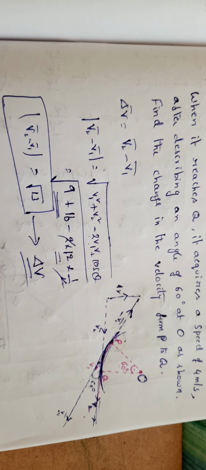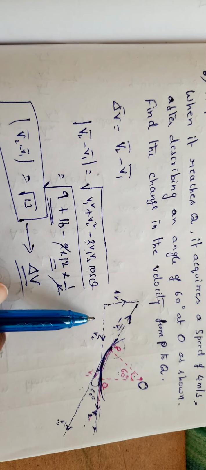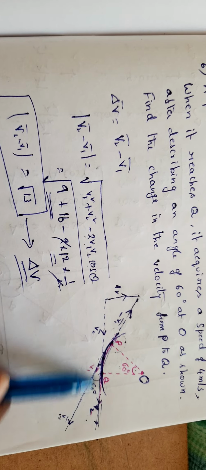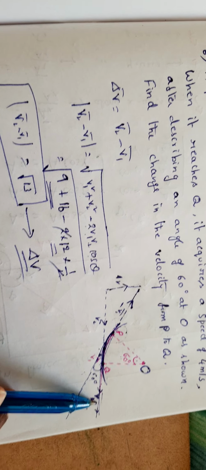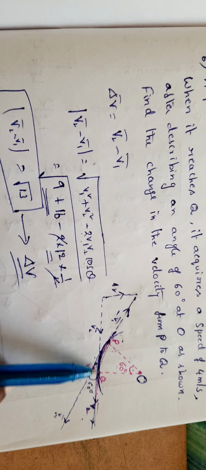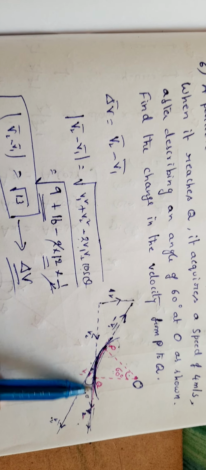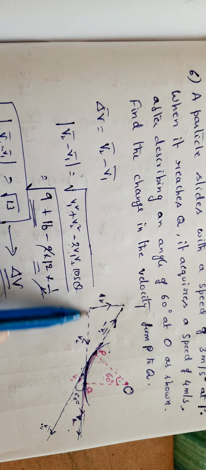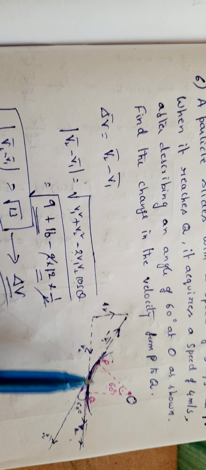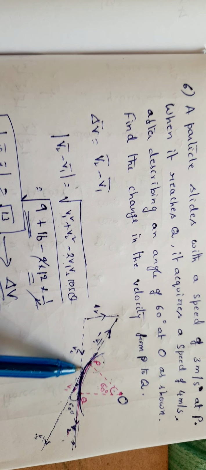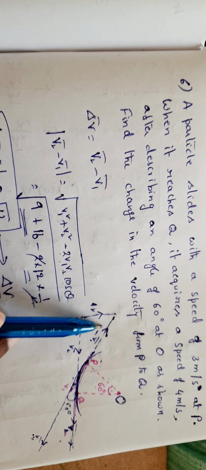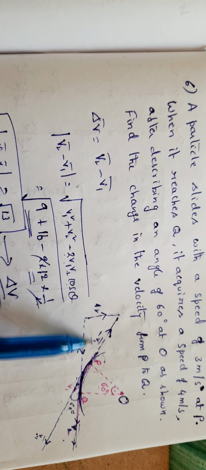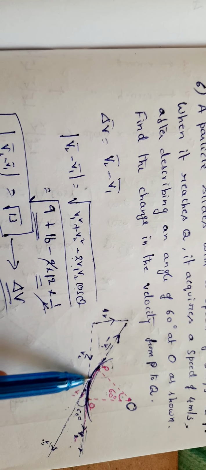Okay, now how about the direction? This we have already discussed. So V1 bar, V2 bar are this. We want V2 bar minus V1 bar. So you can simply draw V1 bar here, and this is the direction of V2 bar. V2 bar and V1 bar in opposite direction means a negative vector, minus V1 bar. See, observe here.